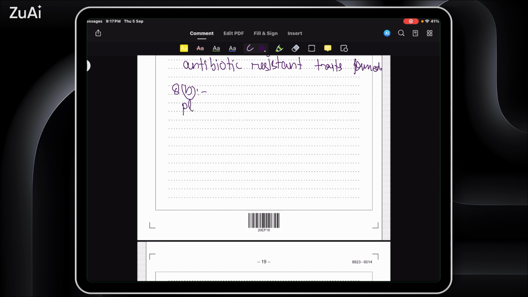Whenever you see the term polyploidy, that means more than 2 sets of homologous chromosomes, and triploid having 3 sets.